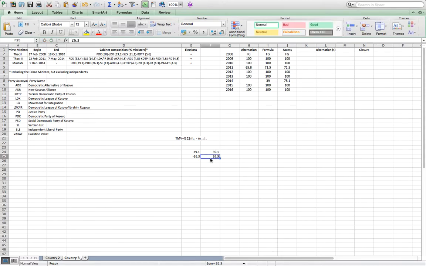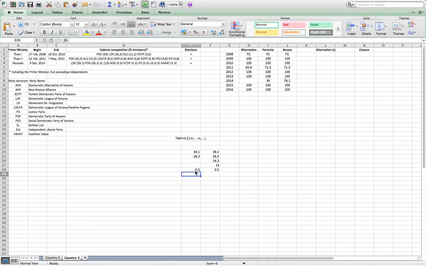Later we have SLS and SL. Both are different and both were not in the 2 governments. So SLS was in 2011, not 2014, so it gets 14.3. SL, the Independent Serbian List, was in 2014, not in 2011, so you get 13 minus 0, so basically 13. Let's continue. ADK, they were in government before, so 4.3 minus 4.8, which gets an absolute value of 0.5.